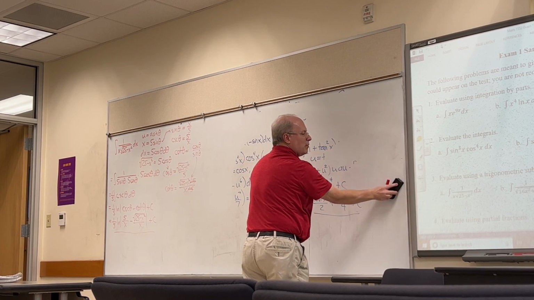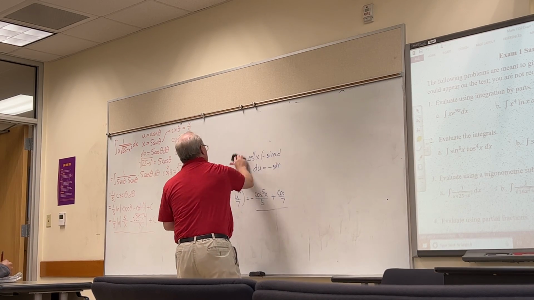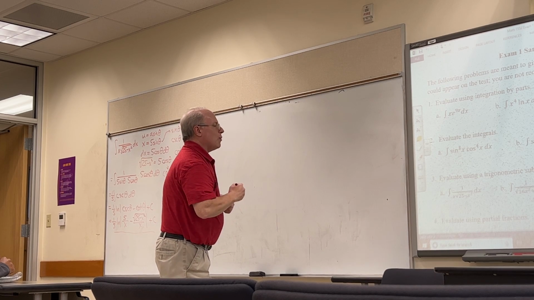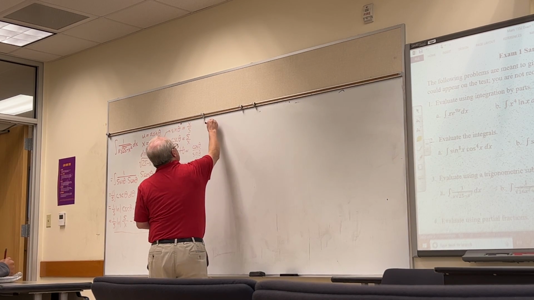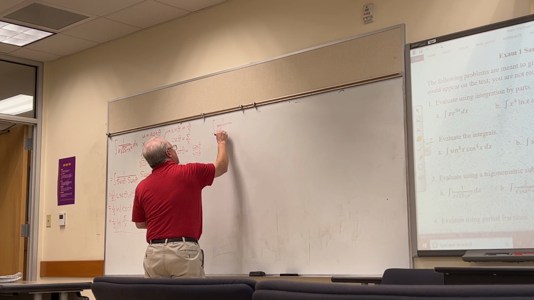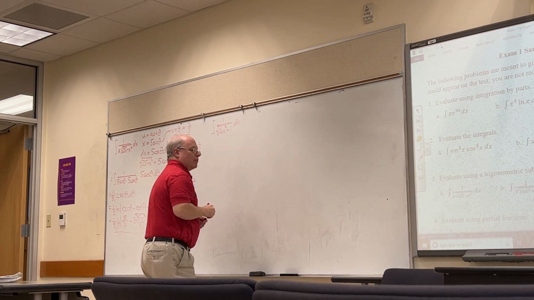Now for part B, where we have the integral of 1 over the square root of 16x squared plus 1 dx.